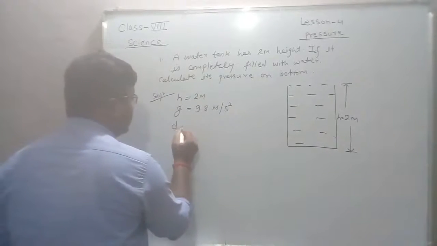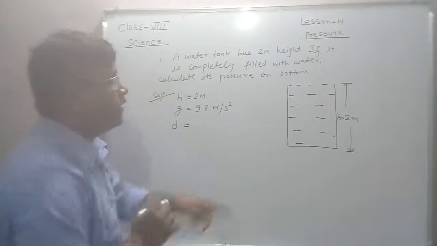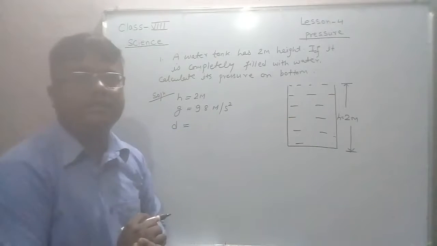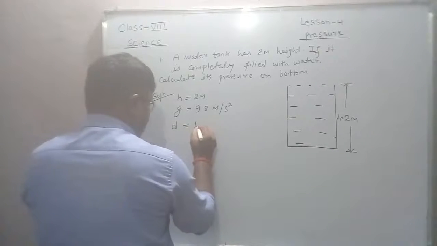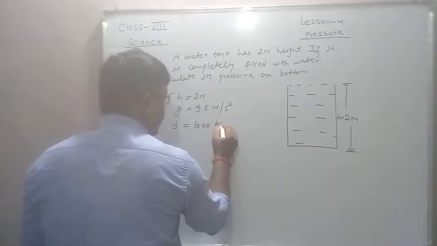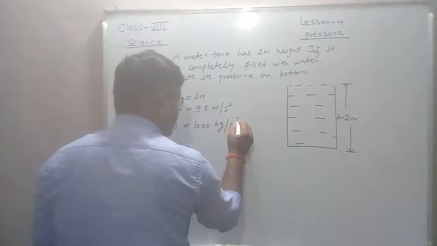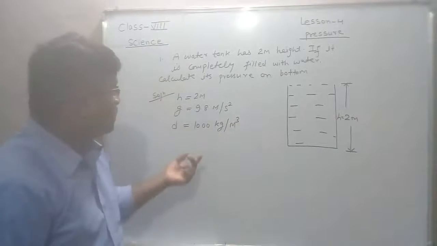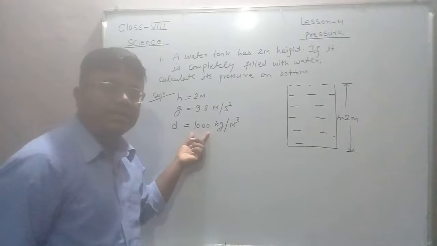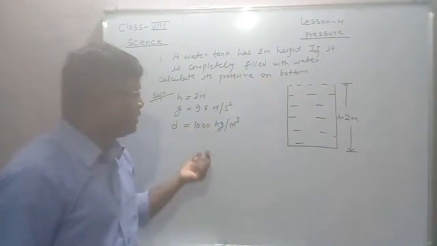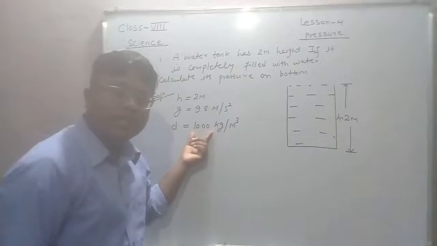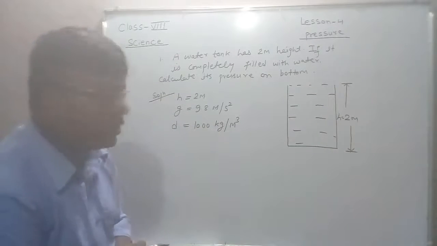Similarly, the density of the liquid: here water is used, and the density of water is 1000 kg per cubic meter. This is actually given in the question, but I have not written it here.